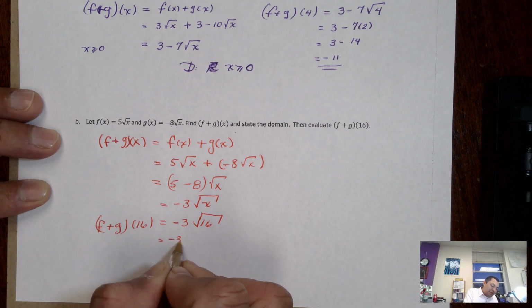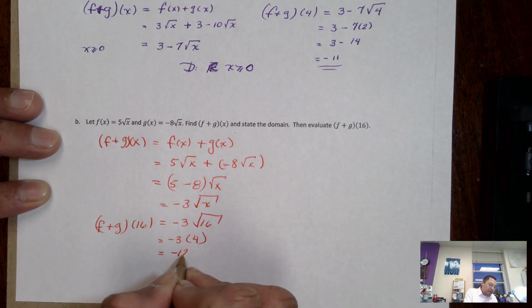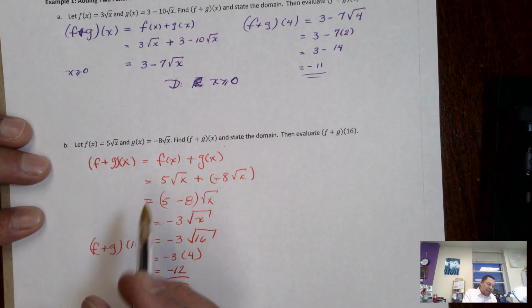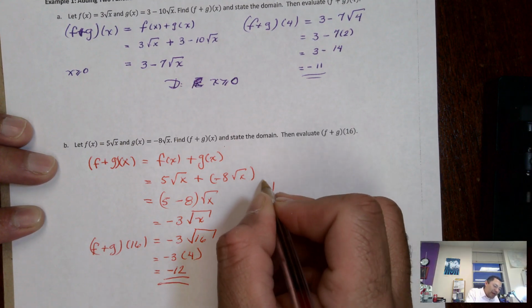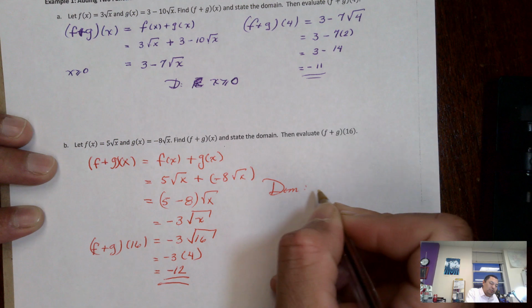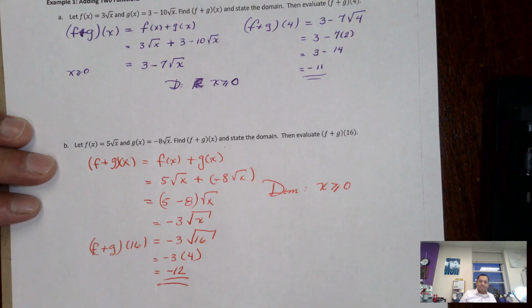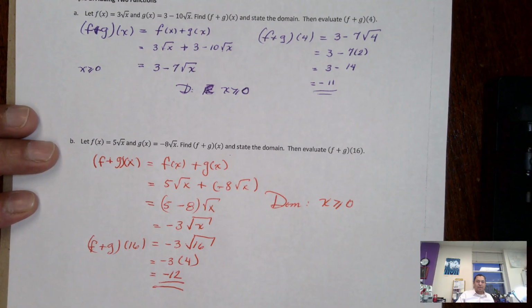So it's equal to negative 3 times 4, and it's equal to negative 12. Okay, that's the evaluation. Remember, in this case, I have negative 3 square root of x. So my domain is going to be x greater than or equal to 0. That's going to be my domain for this example.